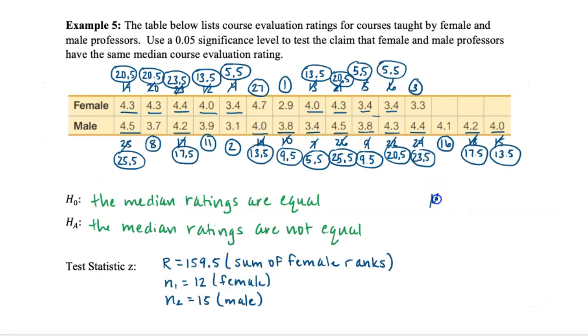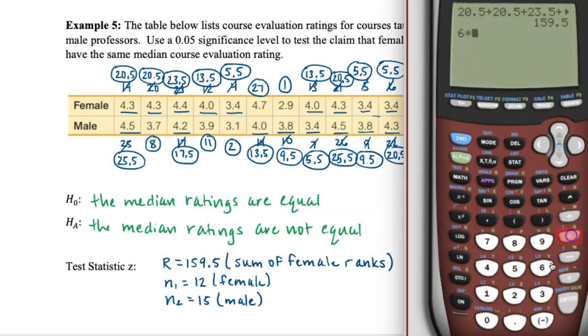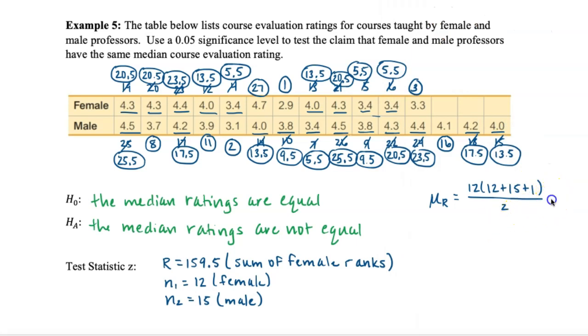The mean of ranks is going to be n1, which is 12, times n1 plus n2 plus 1, divided by 2. Well, this is just going to be 6 times 12 plus 15 plus 1. I know that 6 times 28 is 168. And so my mean of ranks is going to be 168.